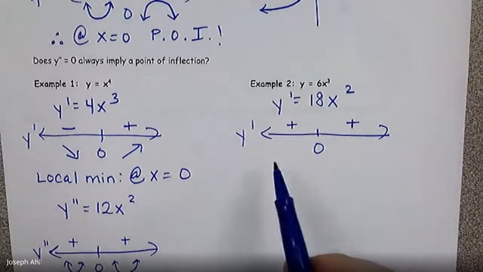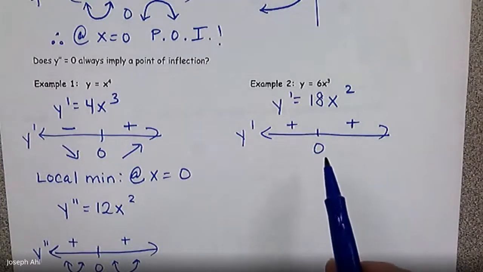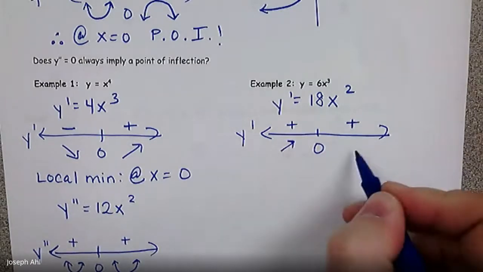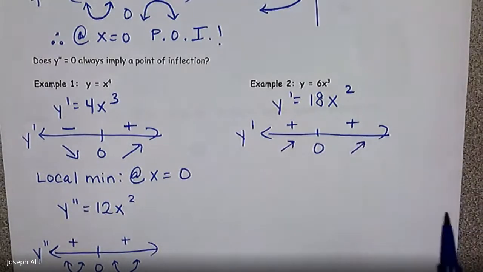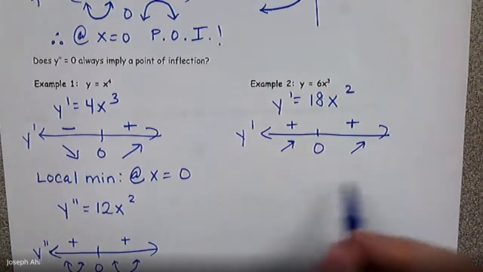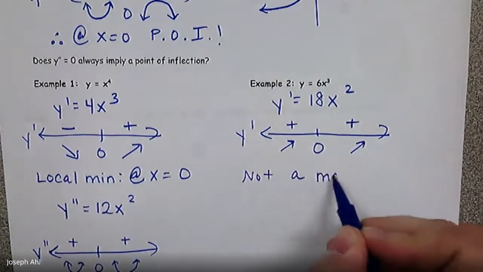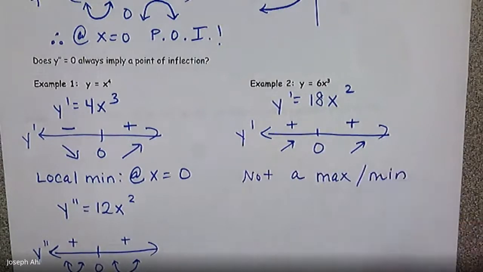So for the same reason, critical points don't always indicate local extrema, do they? This is going from increasing to increasing, so it's increasing over its entire domain. There's no local extrema that we're finding at x equals 0. So it's not a max-min point.